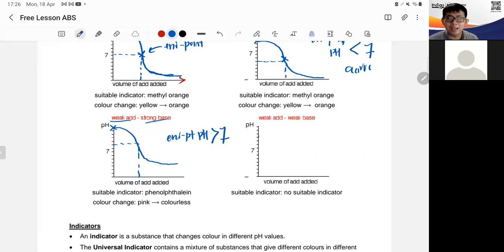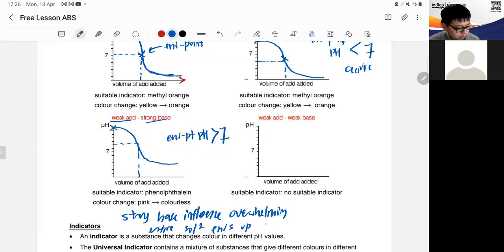Again, an analogy could be that perhaps the strong base influence is overwhelming, such that the entire solution ends up alkaline instead. So the word overwhelming could be in inverted commas. So the endpoint ends up greater than 7.